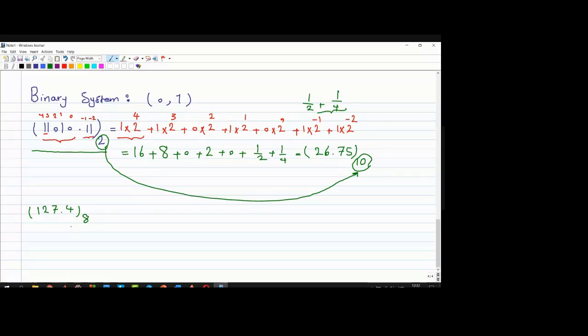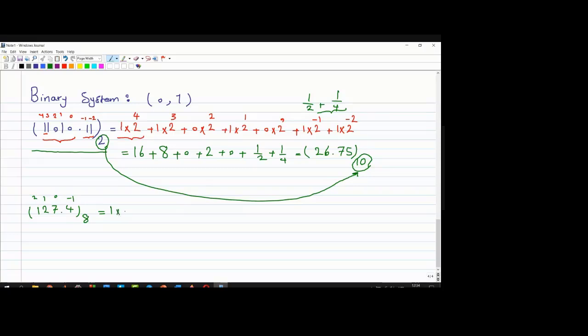Please notice this matter: you cannot read this number, which is in base 8, as one hundred twenty-seven. Again, we start from 0, 1, 2, and this is minus 1.